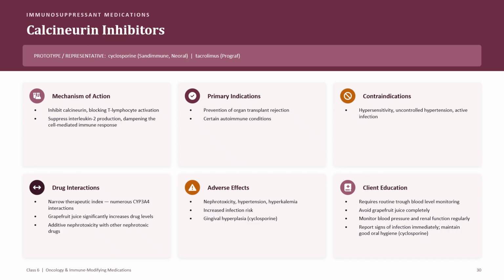One interaction I promise your patients will actually ask you about by name is grapefruit juice. It inhibits the same CYP3A4 pathway these medications rely on for metabolism, so drug levels can climb significantly with regular grapefruit consumption.